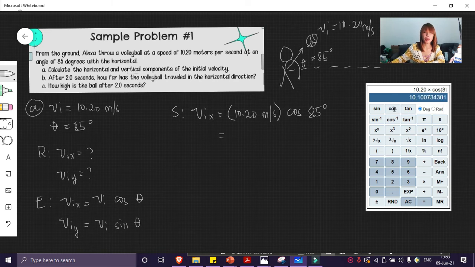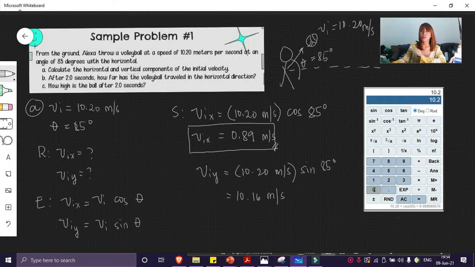Okay, that will be... we round it off to 2 decimal places. Okay? So that will be VIY. This is the final answer for letter A.